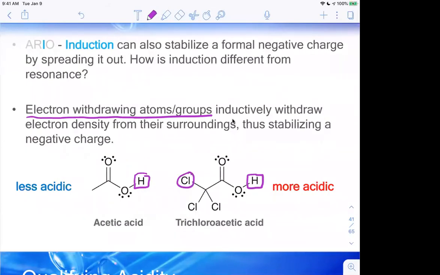So now I'm looking at hydrogen versus chlorines. In terms of electronegativity, chlorine is still much greater than hydrogen. So because this is going to be sort of stabilized when I make that negative charge, right? That negative charge that's going to reside on that oxygen is going to be stabilized through induction. So this is going to be the more acidic compound.